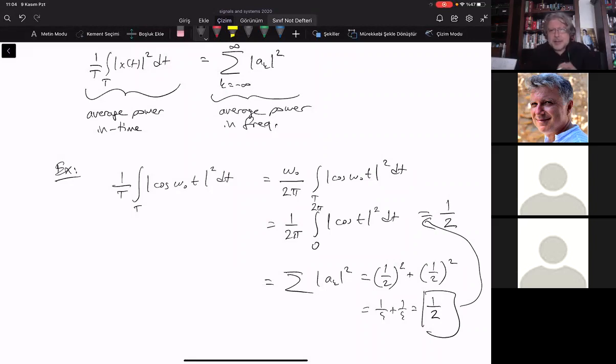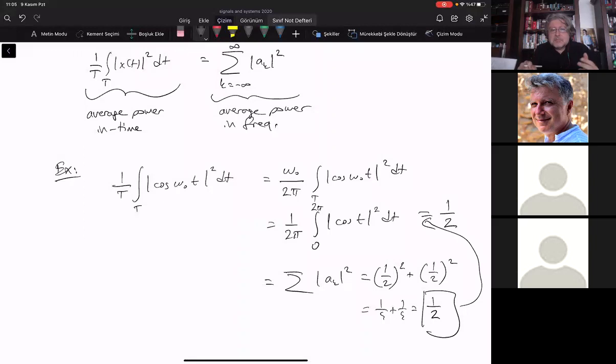This Parseval's theorem, in practice, is beneficial if one of the domains is significantly easier than the other domain, because we know that the powers or the energies of the time part and the frequency part, magnitude squared versions, are the same in value. So whichever is easier for you to evaluate, find the other using that one.